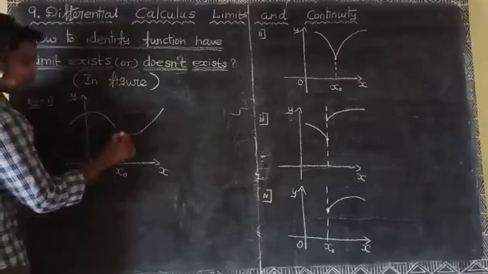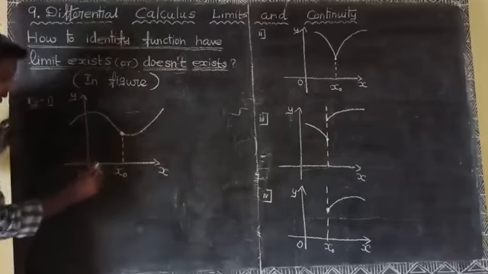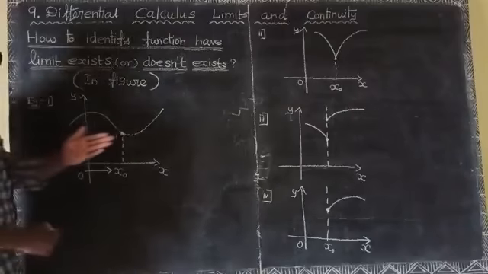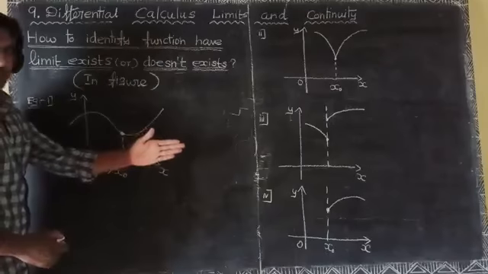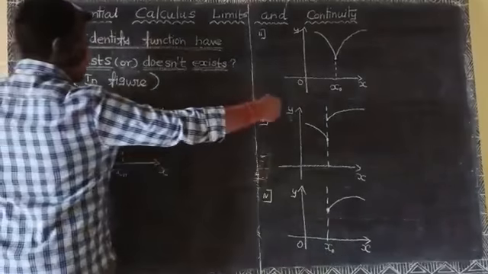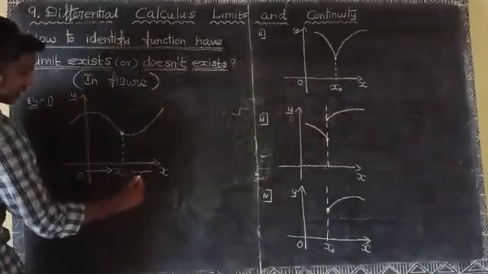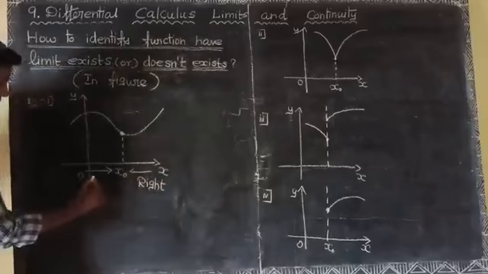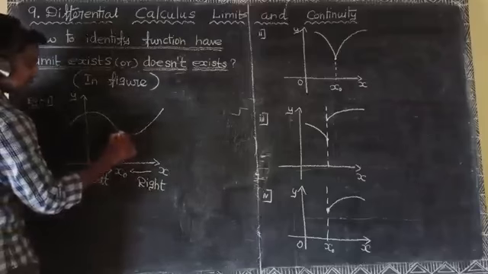At the particular point, x approaches x naught from the left side, and here x approaches x naught from the right side.